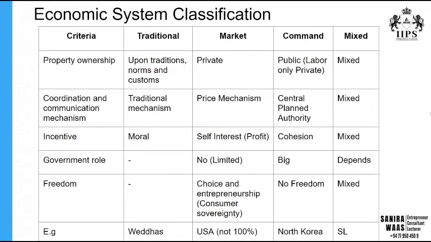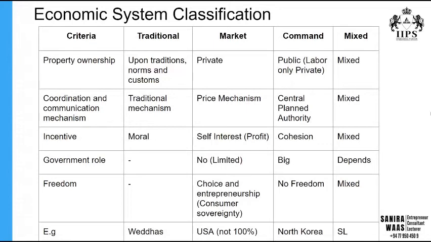When it comes to the government role, in a market economy there is no government, whereas in a command economy there will be a big government. In a market economy, I have put "limited" in brackets.